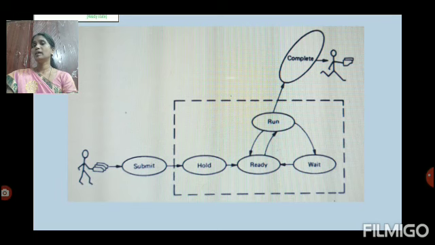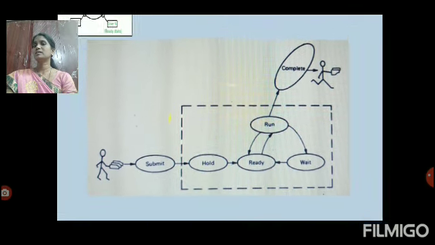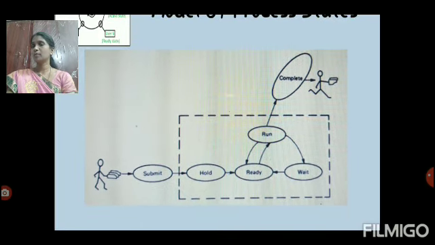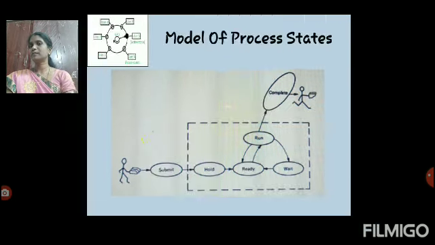So we see that the user is submitting a job. So it is on the hold state. It comes to the ready state. It will run. So after running, it may come to ready state or to wait state. From waiting state to running state, it has to come to ready state. Then only it can run. So after the execution is over, it comes to the complete state. So that is the complete cycle of a process.